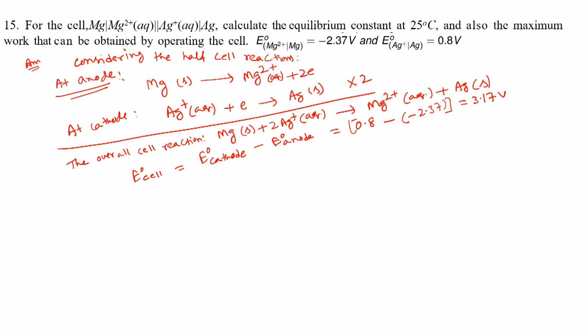So we know again E naught cell is 0.06 by n log Kc at 298 K temperature, where Kc is the equilibrium constant.